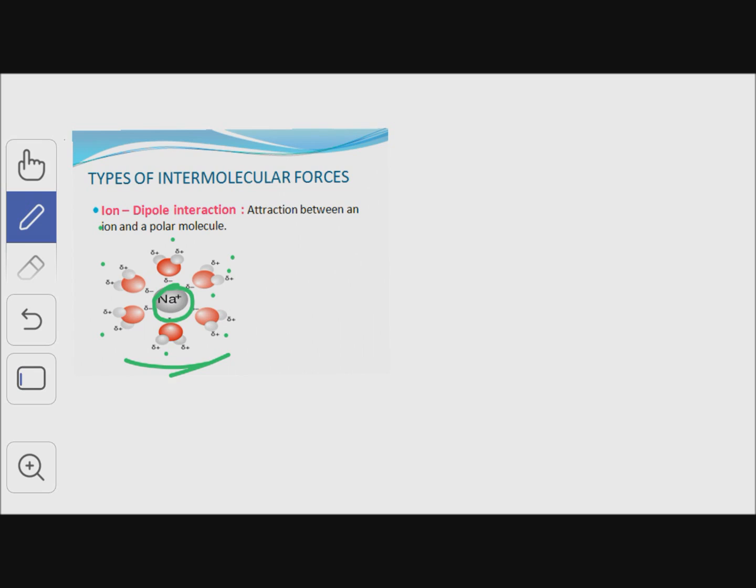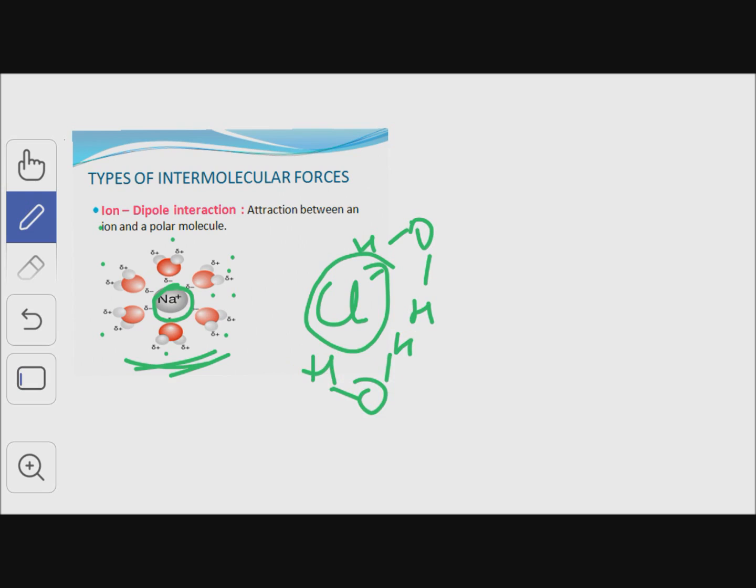Here the positive and negative charges of water are the dipoles, and Na positive is the ion, which forms an attraction between an ion and a polar molecule. Water is a polar molecule. If we dissolve NaCl in water, it forms hydrated ions. First one is of sodium, in which oxygen surrounds the Na positive ions. And the next is the chloride ion having negative charge, in which the H positive of water surrounds the chloride ions, like this.